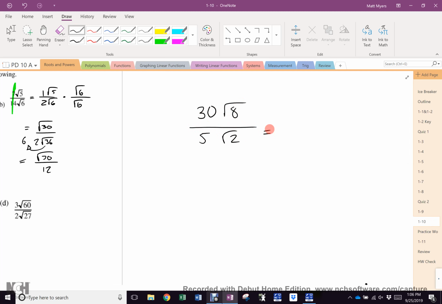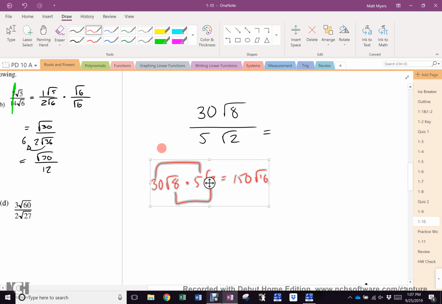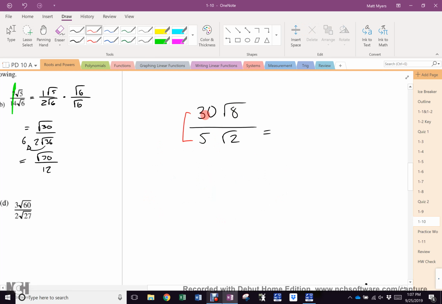This is just to get you back to where we were when the bell rang yesterday. And we figured, we guessed, we thought, and we came up with recognizing that if 30 root 8 times 5 root 2 is 150 root 16, because you do numbers with numbers and radicands with radicands, you all guessed, rightly so, that when you're dividing, you divide coefficients with coefficients and radicands with radicands.